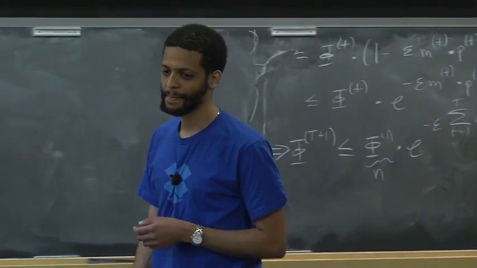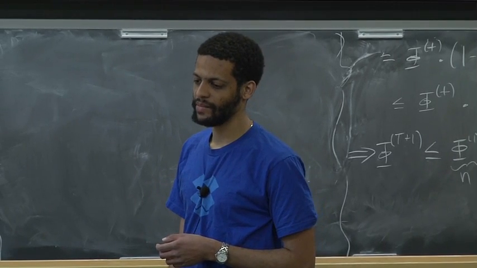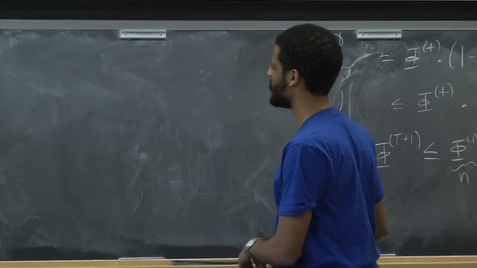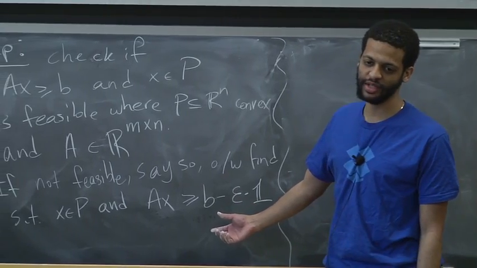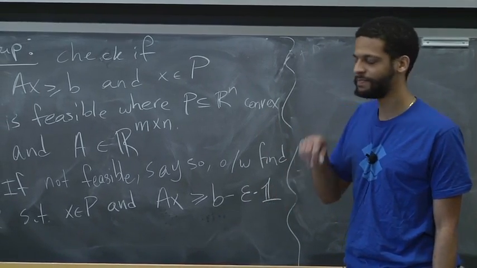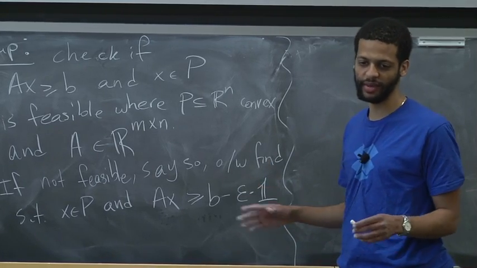Is that epsilon small enough? Can you later round it to a real vertex? Yes, so that's a good point. I think we said before, once you solve things up to really fine precision, like there was this L parameter before, then you basically solve the problem exactly.